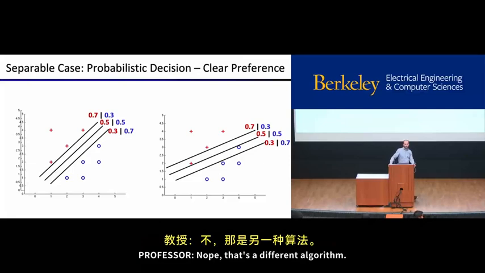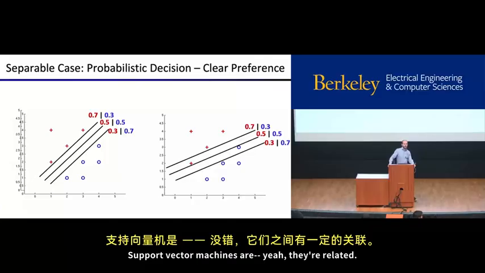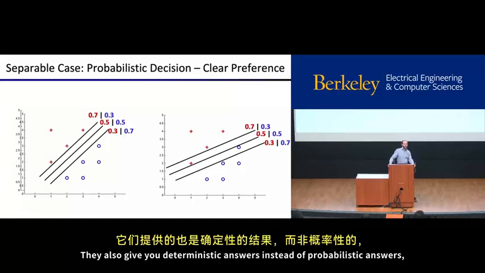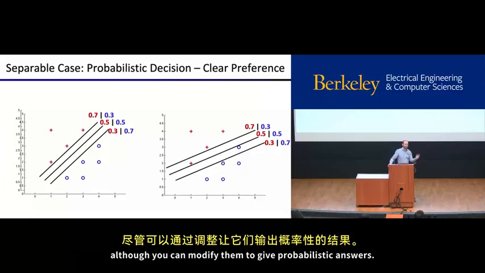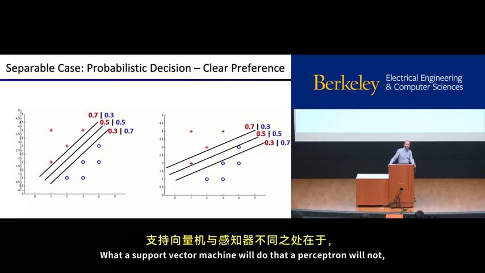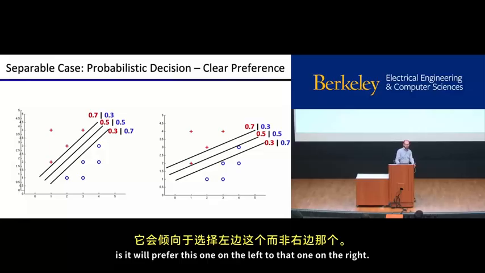Nope, that's a different algorithm. The support vector machines, they're related. They also give you deterministic answers instead of probabilistic answers, although you can modify them to give probabilistic answers. What a support vector machine will do that a perceptron will not is it will prefer this one on the left to that one on the right.